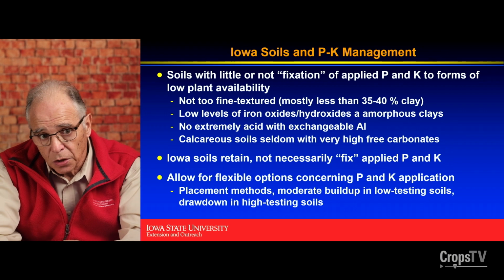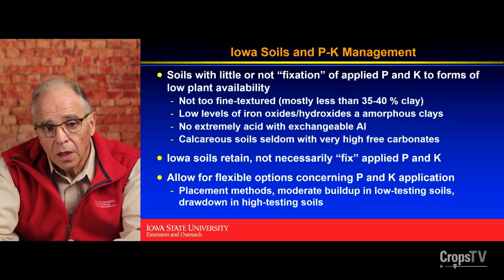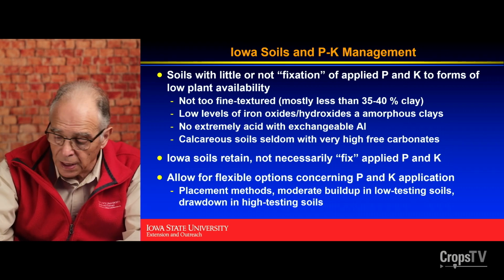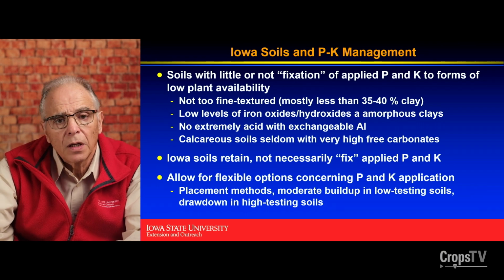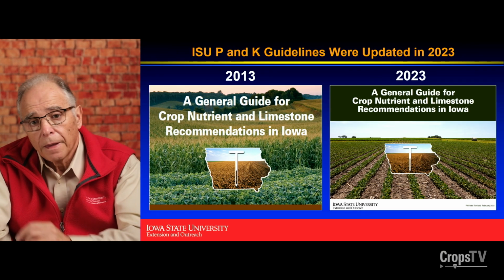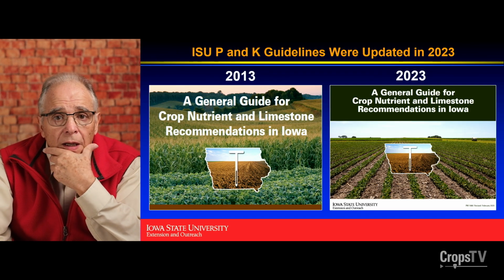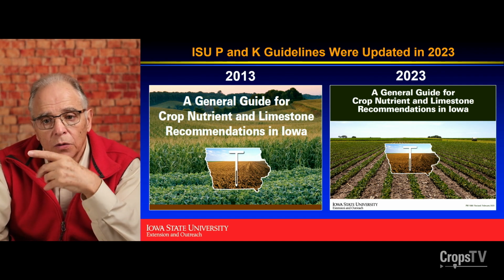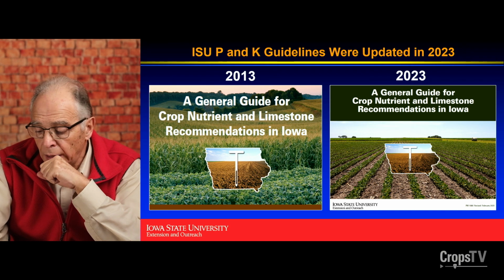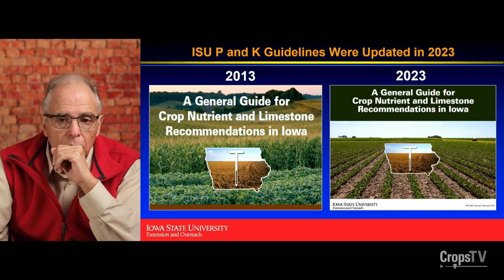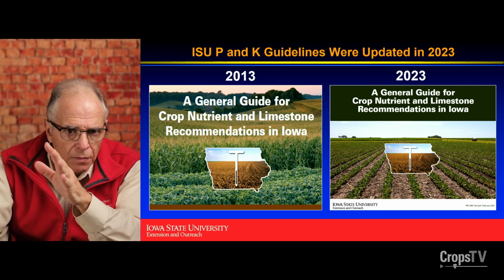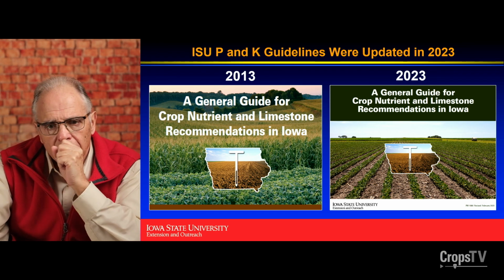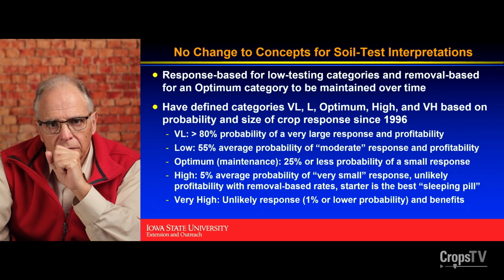Okay. By the way, I'm not talking in this talk at all about placement methods, because in the last update, last February, those were not changed. Okay, we did update several things in PM 1688 in 2023. And I will just go very quickly through some of the changes, not all of them, as the basis for what really comes next.